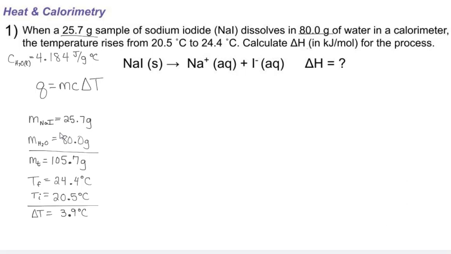Okay, so now let's plug in and solve here. Q equals m, so 105.7 grams times c, 4.184 joules per gram degree Celsius, times our delta T, which is 3.9 degrees Celsius.